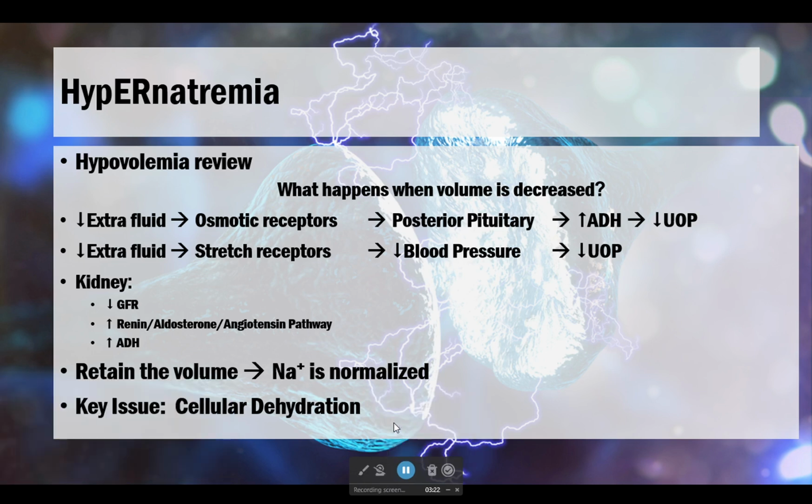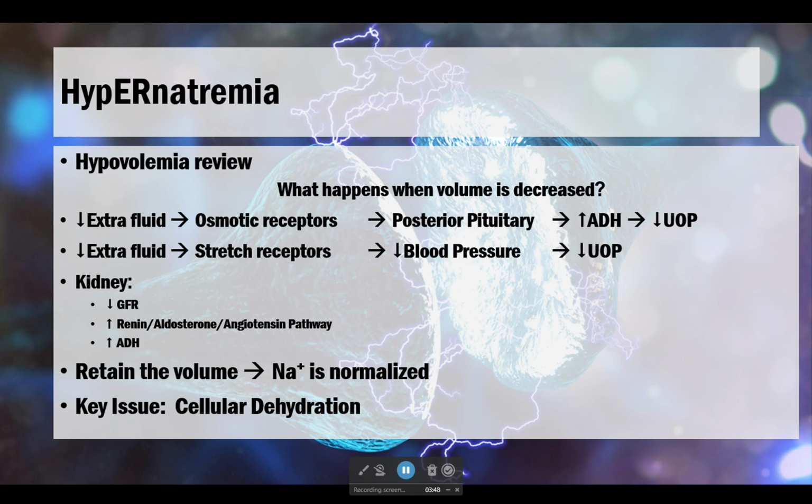All right. So in this case, now we see what happens when volume is decreased. That's what's here in the middle. So we have decreased extracellular fluid volume. The osmotic receptors send the signal to the posterior pituitary, and the posterior pituitary hypothalamus then secretes antidiuretic hormone.